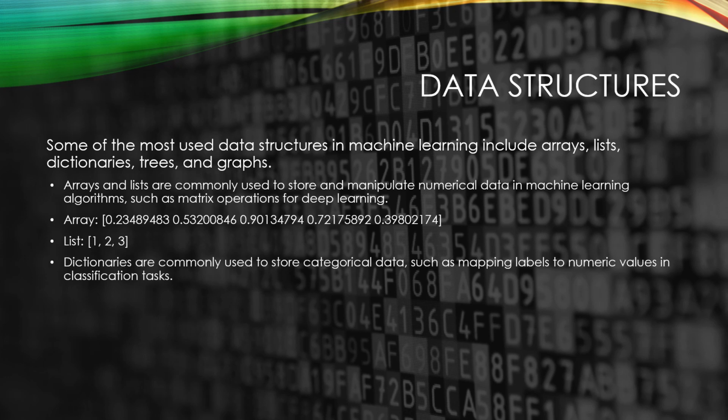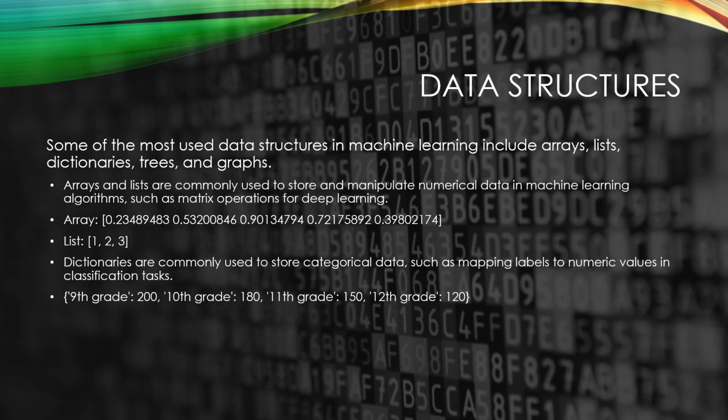So if we take a look at dictionaries, these are commonly used to store categorical data such as mapping labels to numerical values in classification tasks. For example, if we take a look at this dictionary here, we've got ninth grade. If we take a look at all the students in a high school, we can separate them into 4 different categories, which is 9th, 10th, 11th, and 12th grade.